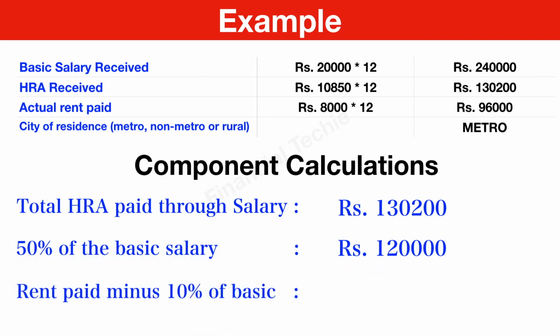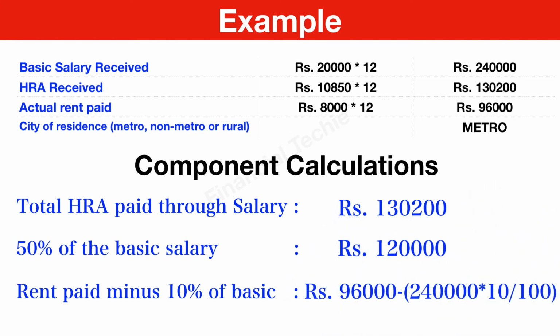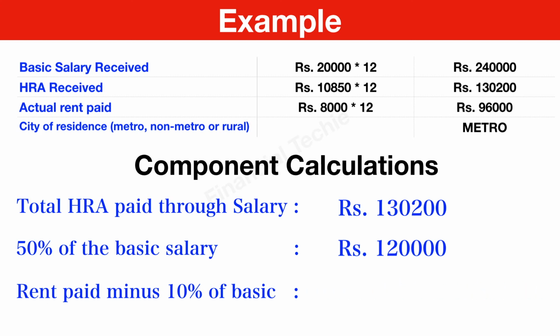The third and last component that we need to calculate is the total rent paid minus 10% of his base salary. So he paid around 96,000 as rent. We need to subtract from that 10% of 2,40,000, which is his yearly base salary, that is 2,40,000 multiplied by 10 divided by 100. So the total amount comes around 72,000 rupees.